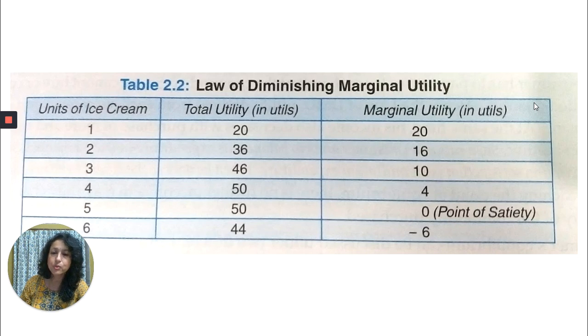and thereafter total utility starts descending. In a similar way, marginal utility behavior is also identified in this schedule. Marginal utility, again, do you remember? Additional utility.